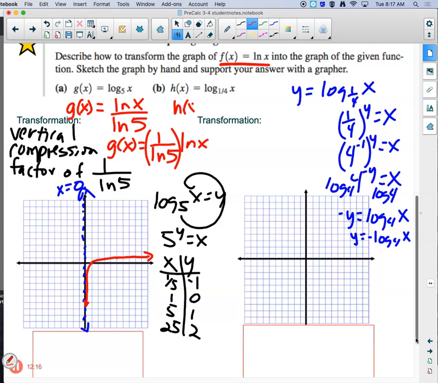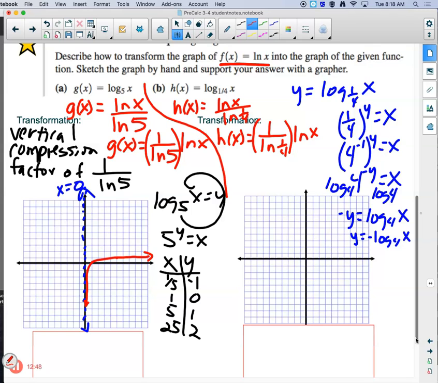So h of x equals natural log of x divided by natural log of 1/4, and that would be h of x equals 1 over the natural log of 1/4 and natural log of x. So then we need to figure out, well, what is that 1 over the natural log of 1/4 going to do?